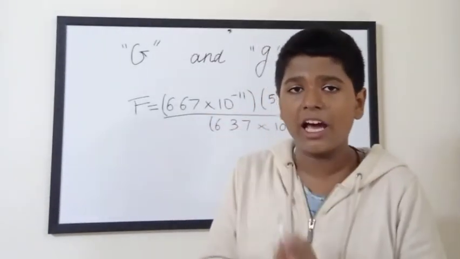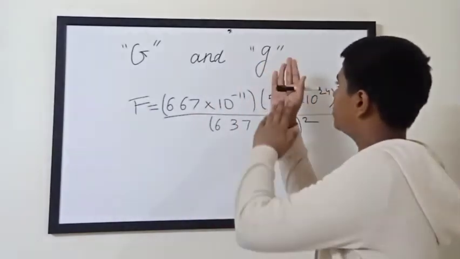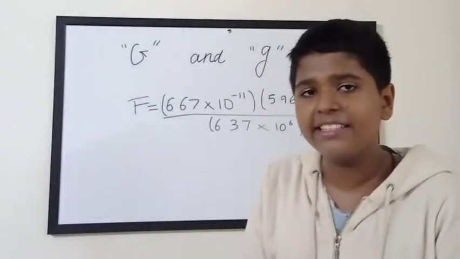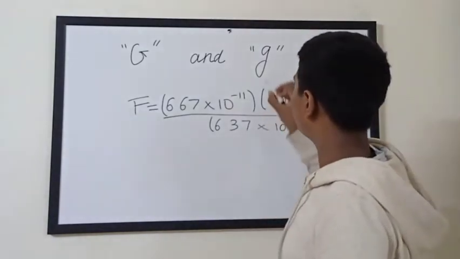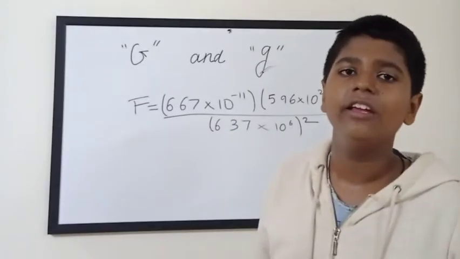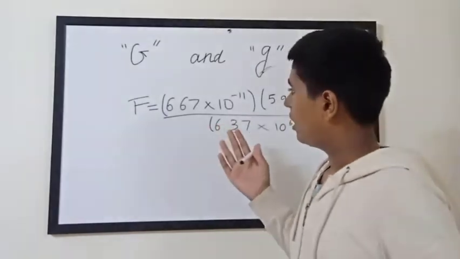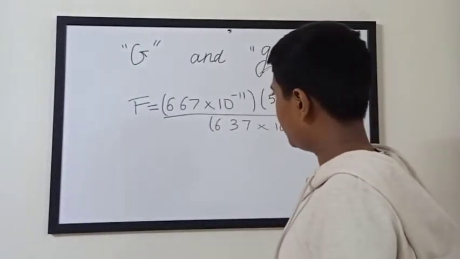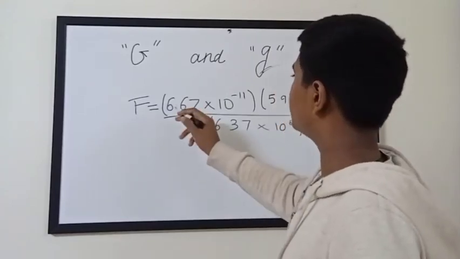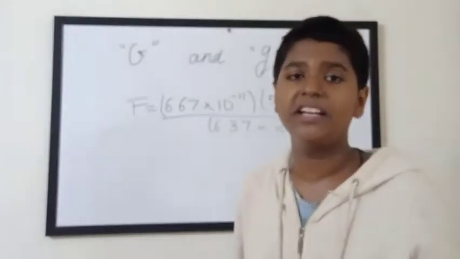Now we are going to talk about small g, and as I said, through that big G formula we can actually find out small g. How to find out? I will be telling you. Now here we have force is equal to 6.67 into 10 raised to minus 11.